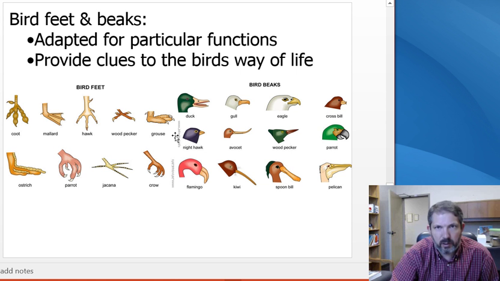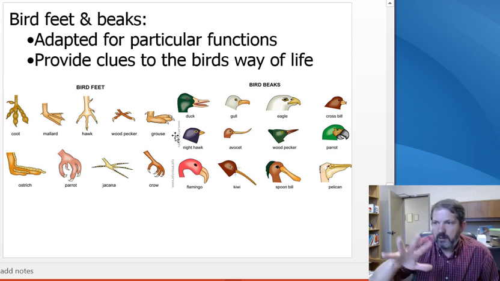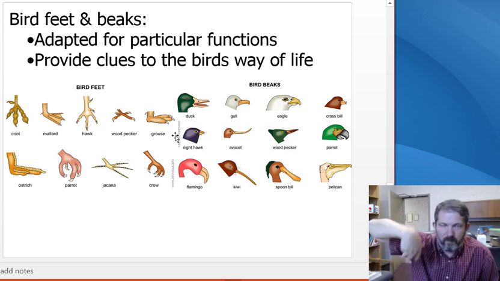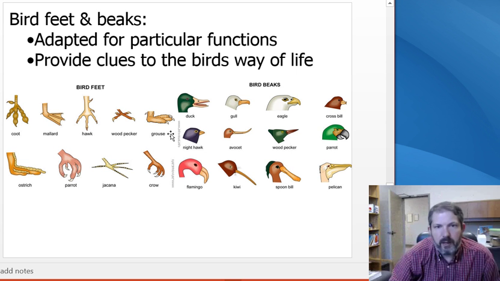The duck needs to swim around, and it needs to use its webbed feet for pushing through the water. So think of it in terms of what is it eating and where does it live.